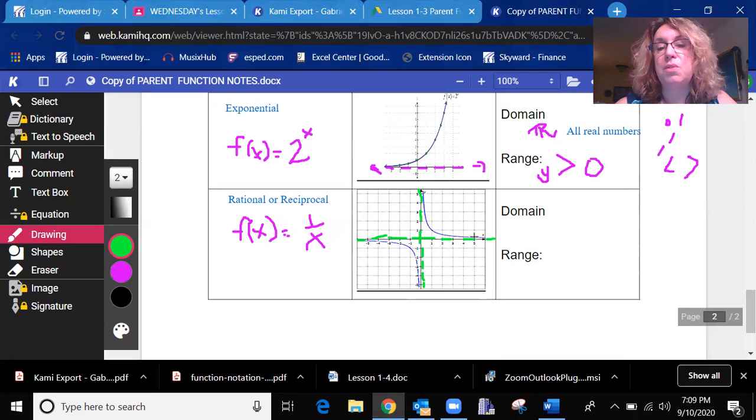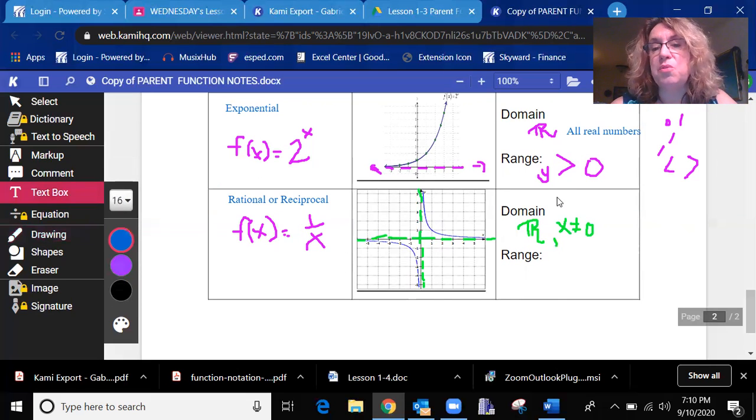And how far to the right? Well, it goes forever. So it is all real numbers, but there's something happening here. And that's right here. And along this x-axis, right here, the graph never touches this line. It's going down here getting closer and closer, but it never actually equals 0. So it can be any number except 0.